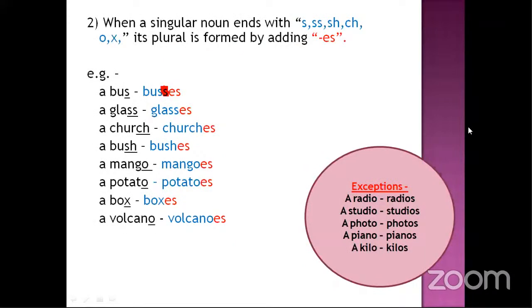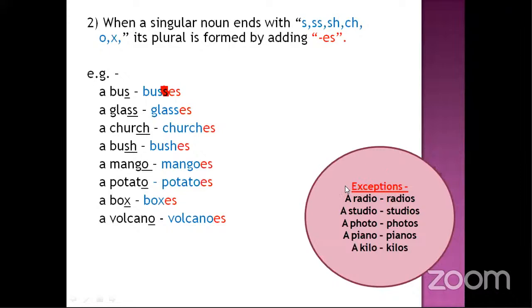And the second rule is we add ES to these types of nouns, that means nouns ending in S, double S, CH, SH, O, X, likewise. In this type of nouns, we pluralize them by adding ES.